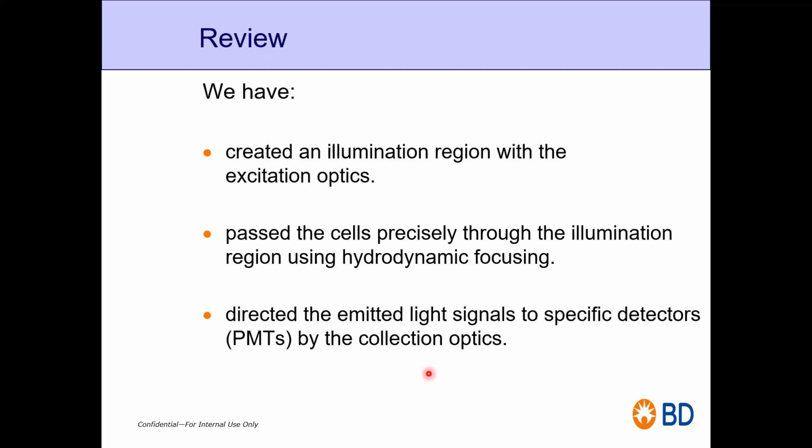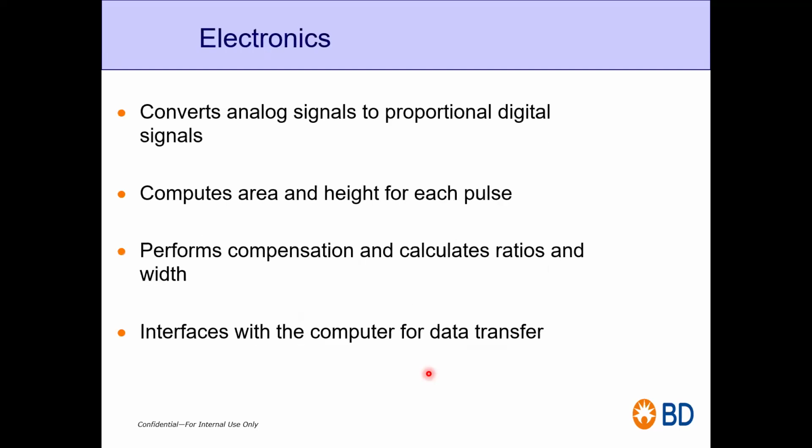The more voltage you apply, the more amplification happens, and the more signal you'll get. That's why it's very important to adjust those voltages, so you won't get an unwanted signal, and you get a proper signal. That's why PMT voltage adjustment is important.